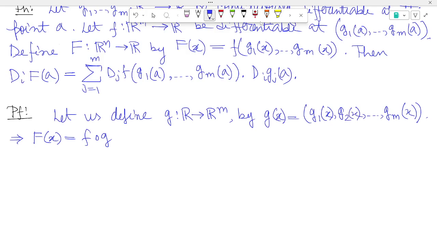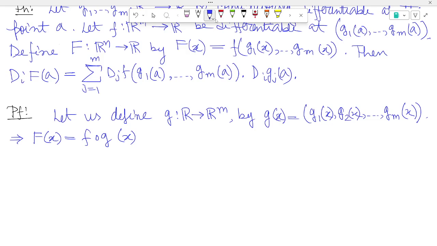So now we need to determine what is this. For this, we need to determine the differential matrix, or the Jacobian of differentiation of A.